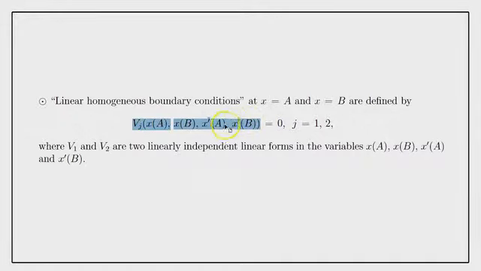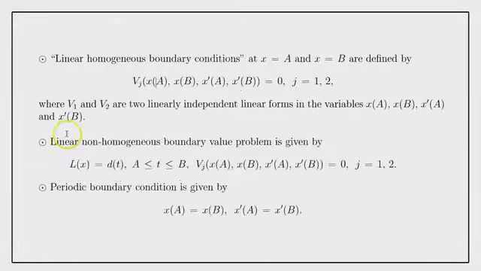Now, this is the general format. In the previous definition, as one condition is free from b, another condition is free from a, so hence they are separated. These V1, V2 are two linearly independent linear forms, so that means V1 cannot be written as some constant into V2. So, these are two linear homogeneous boundary conditions.